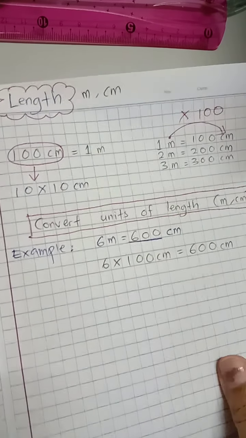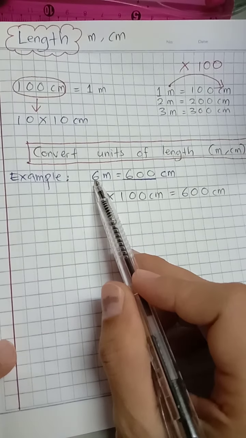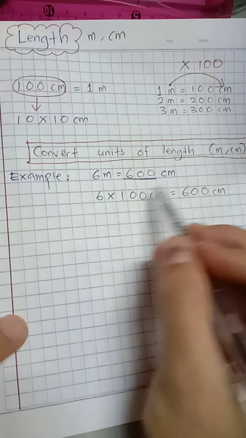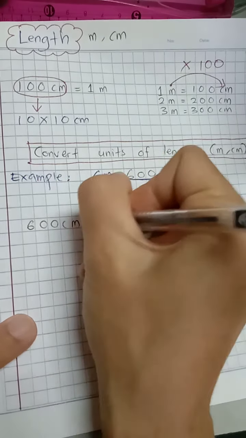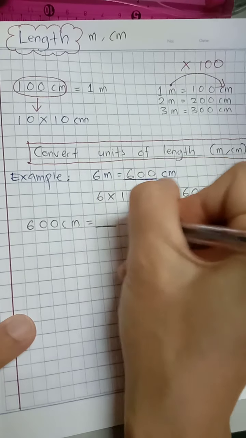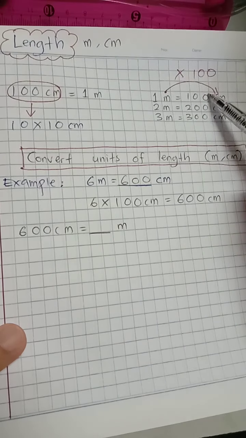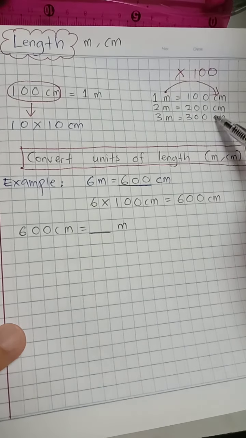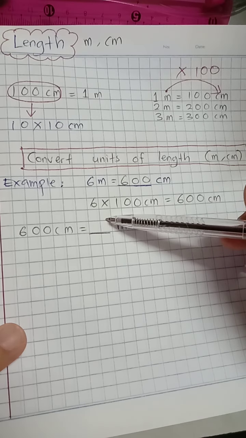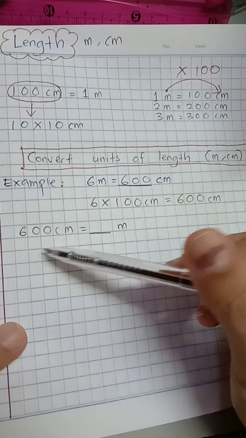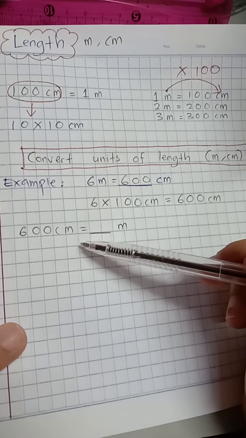Okay, now let's say I'm going to convert from centimeter to meter. I'm going to take the same number here, 600 centimeter, and convert it into meter. I know many of you can see the patterns very well, and you will say right away, oh, that is 6 meter. But if you are asked to show working, how are you going to do it?